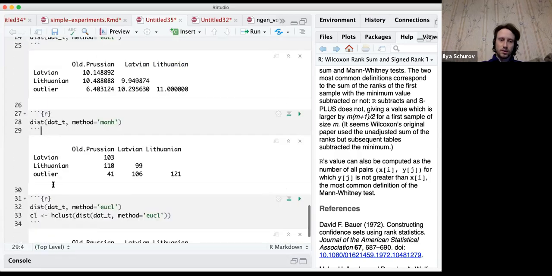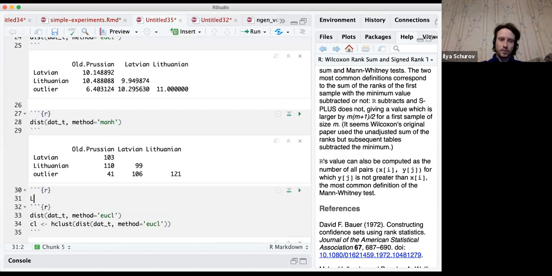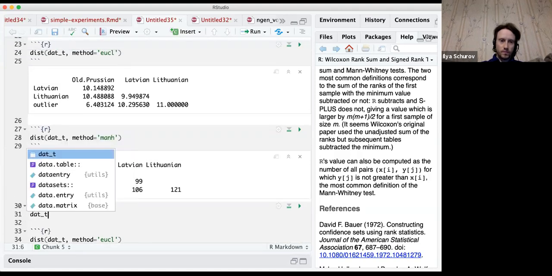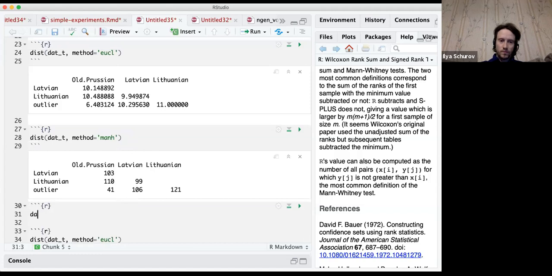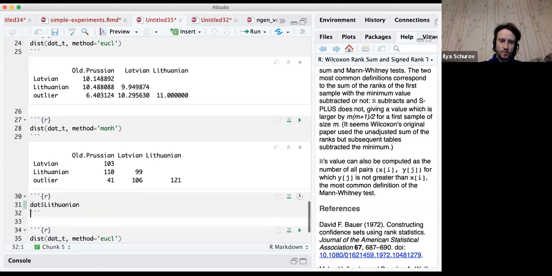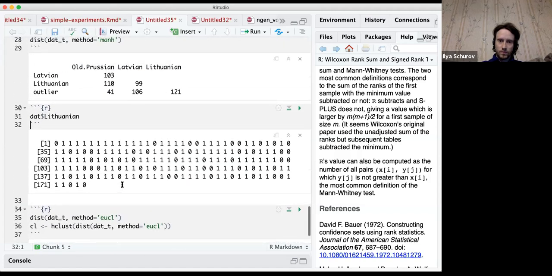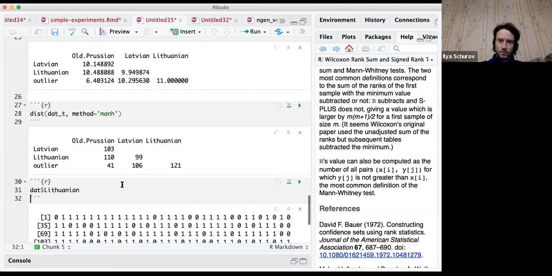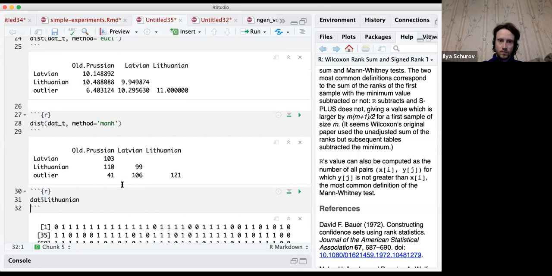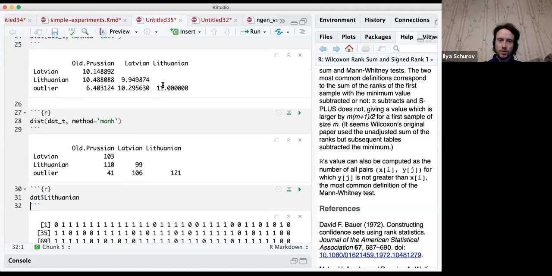Let us look at our Lithuanian. Actually, this number 11 is also pretty large, because here distances are like 10 or 11, and here they are about 100 or so. So I think that this number and this number are more or less the same.